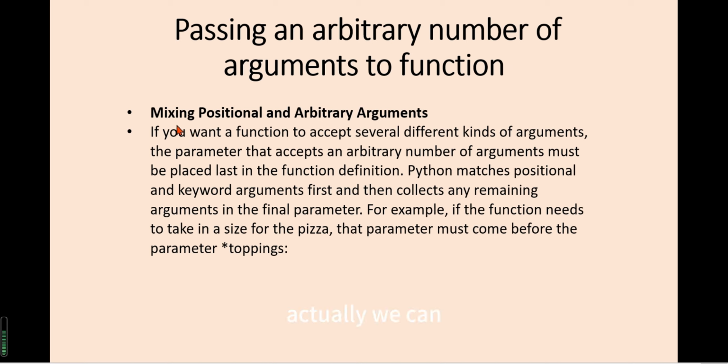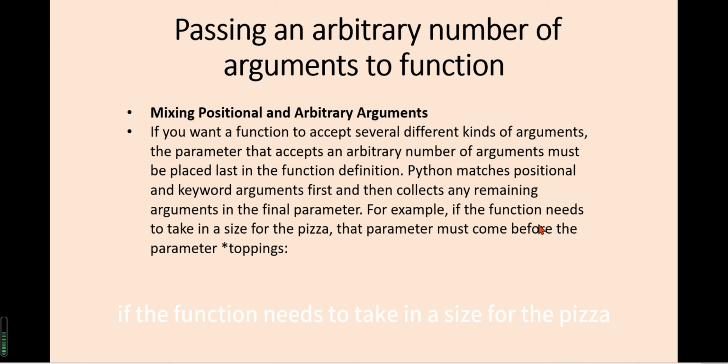And actually, we can mix positional and arbitrary arguments when calling the function. If you want a function to accept several different kinds of arguments, the parameter that accepts an arbitrary number of arguments must be placed last in the function definition. Python matches positional and keyword arguments first, and then collects any remaining arguments in a final parameter.